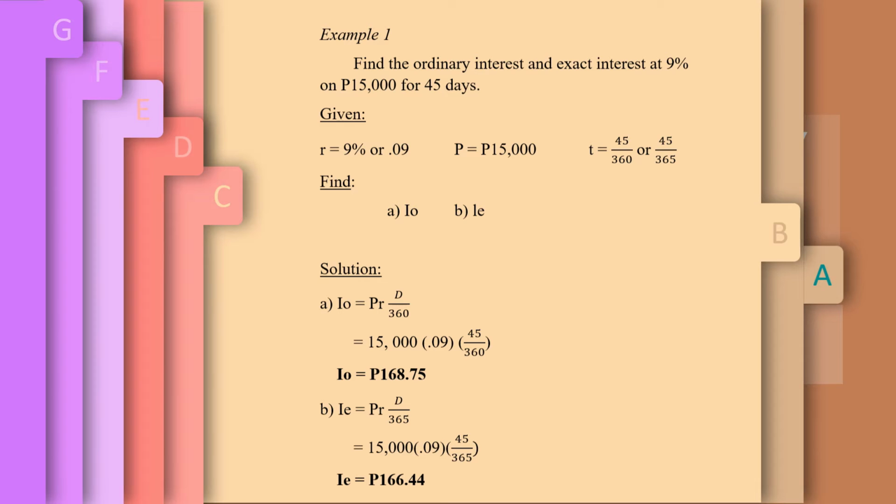How about the exact interest? Okay, so by substitution, we have 15,000 pesos times 0.09 times the time, which is 45 over 365 days. So we have our exact interest is equal to 166.44 pesos.